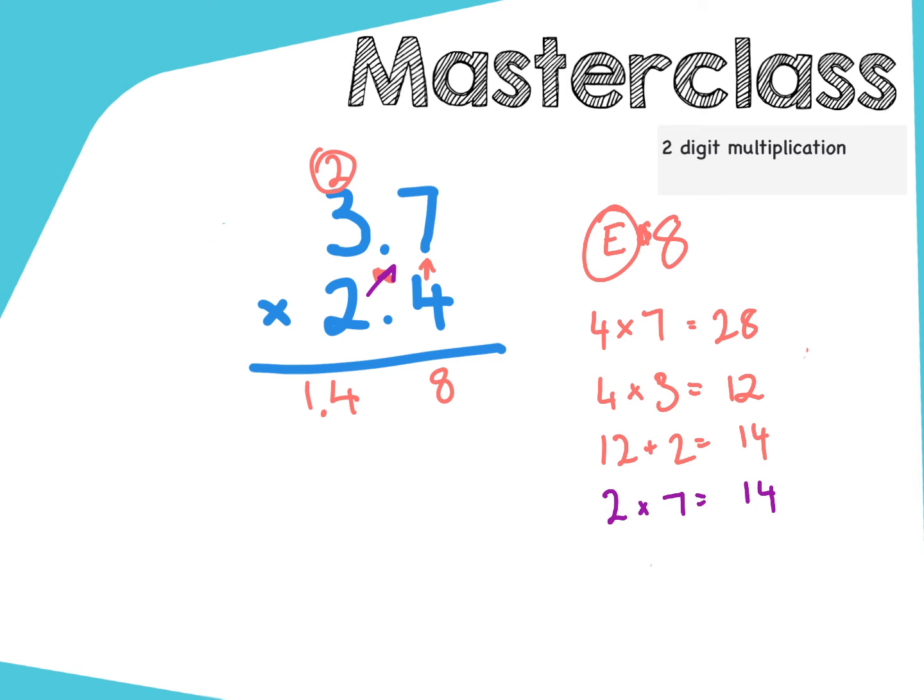Before I do that, I don't want to forget my magic 0. 4 goes there, and 1 goes up the top. And then my next sum is 2 times 3. 2 times 3 equals 6.